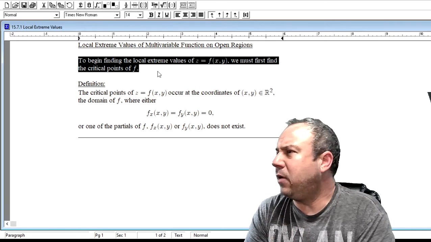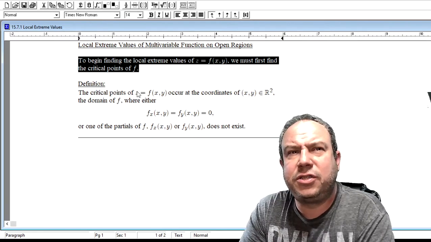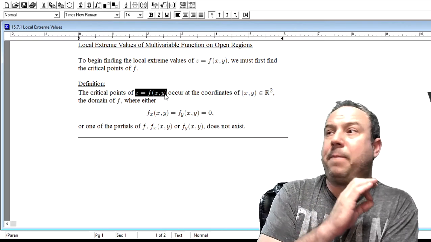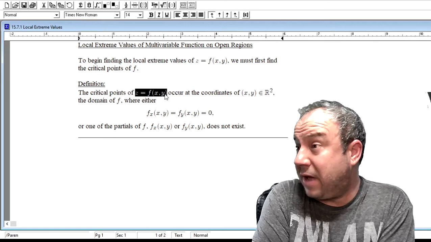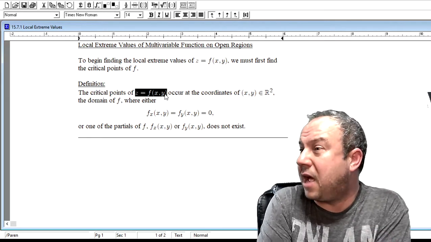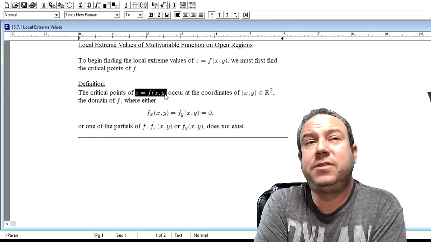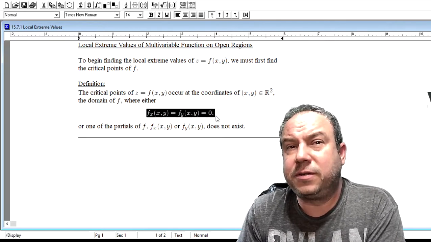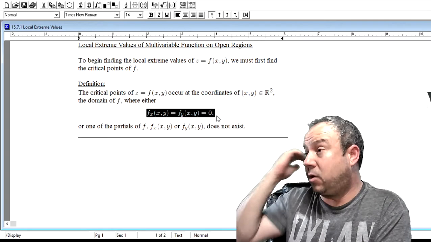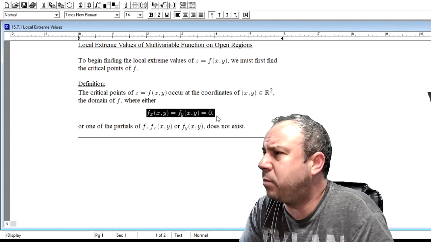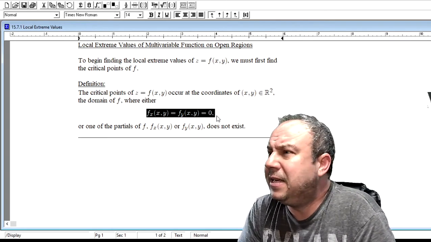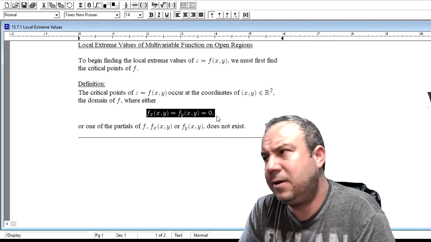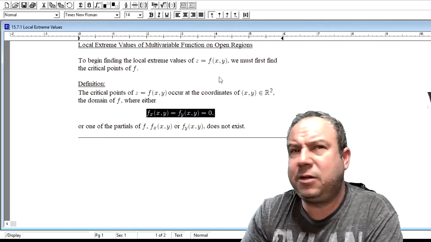And how we analyze a multivariable function z equal to f of x comma y for its multivariable critical values, right? We're going to look at its first partials, right? Its critical values are going to happen either where the first partials of our function equal 0 simultaneously, which is what's highlighted by this equation here.